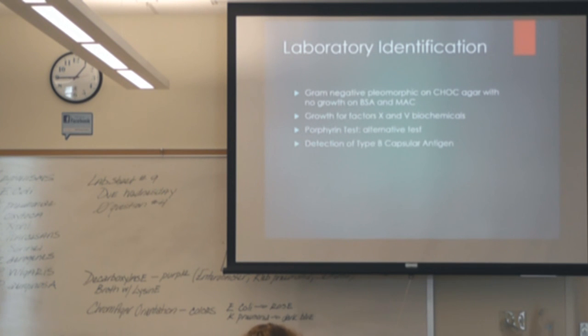The porphyrin test, I think that's how you pronounce it, is what it's called. Basically, it will show up as fluorescence on a plate if it's positive. And then detection of the type B capsular antigen can also be used in identification. Okay? The other thing I wanted to mention is that sometimes you have a hard time staining this, and you would get a really faint pink.